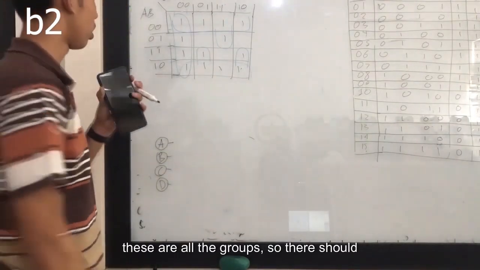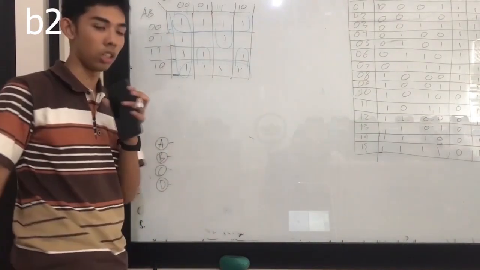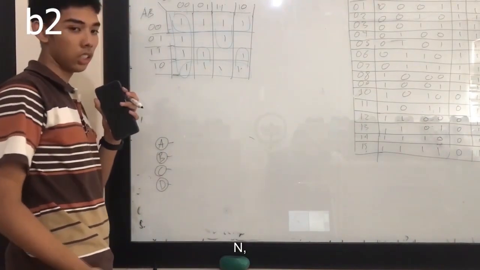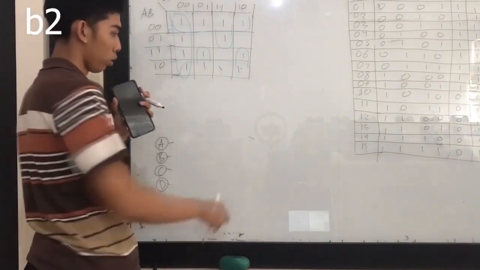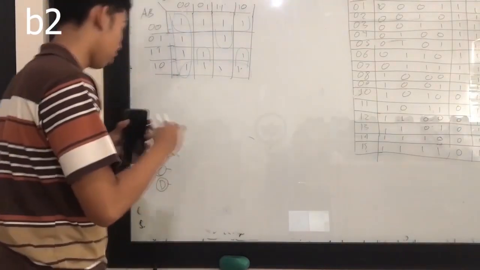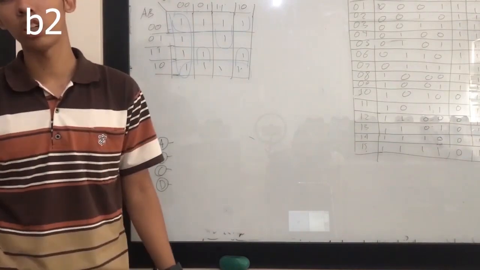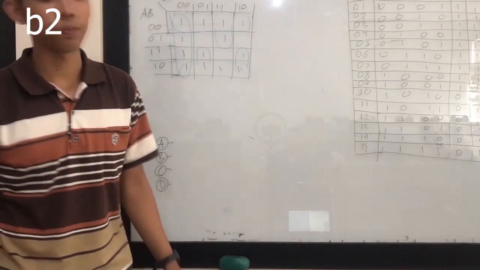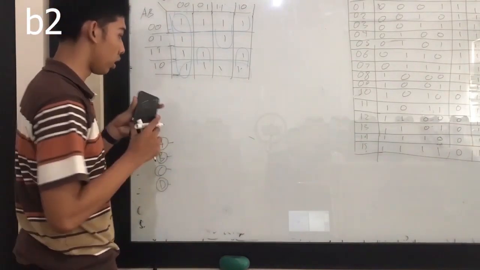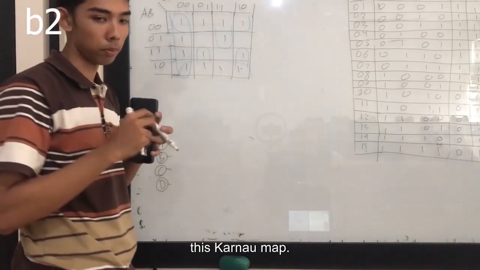Okay, these are all the groups, so there should be like 5 ORs. Okay, let's now simplify this circuit, this kernel map.